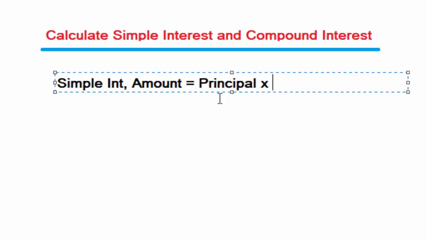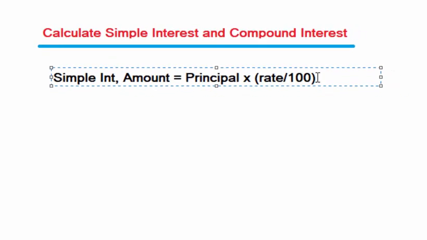Now, in simple interest, we will take the principal, which is the original amount invested by someone, multiplied by the rate. And this rate can be 5%, 10%. We will have to divide it by 100. If it is 5%, we'll divide it by 100. So here we'll just have a number with decimal places.